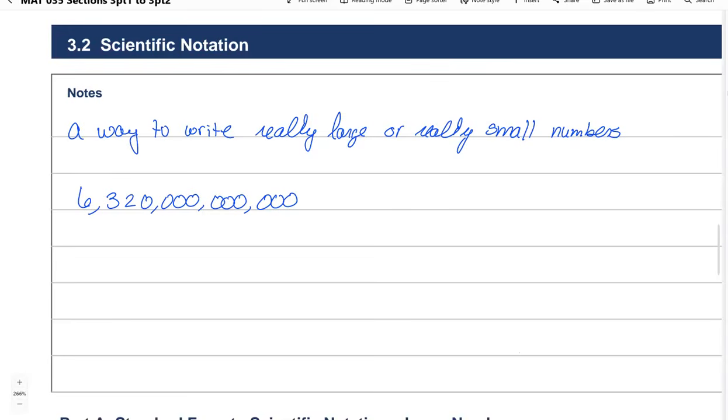With scientific notation, when we have something that's really large, large numbers are going to have positive exponents. I want you to remember that. We're going to start wherever the decimal is. The natural decimal for this number would be at the end, and we're going to move it to the left until there's just one number in front of the decimal.